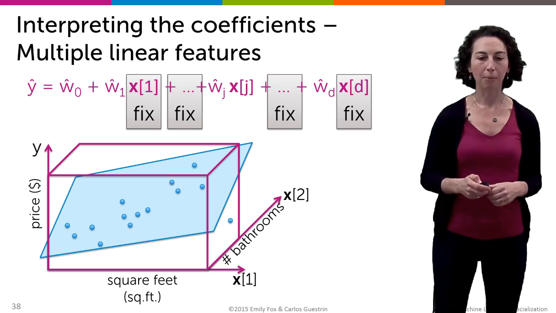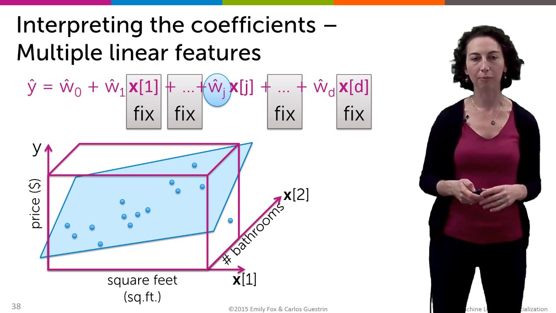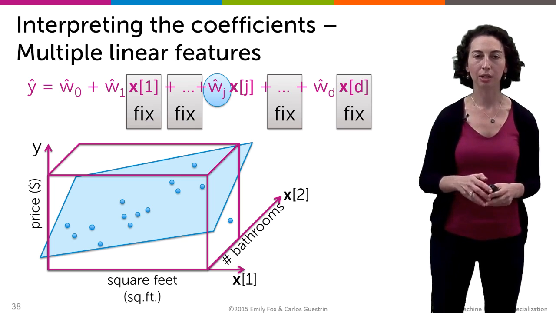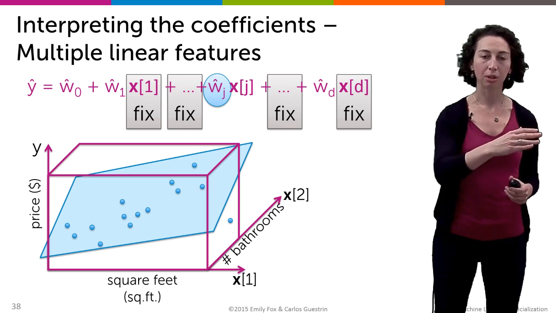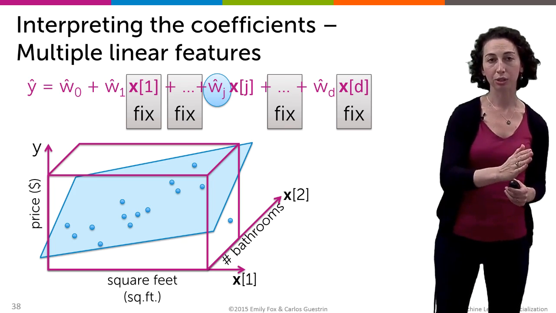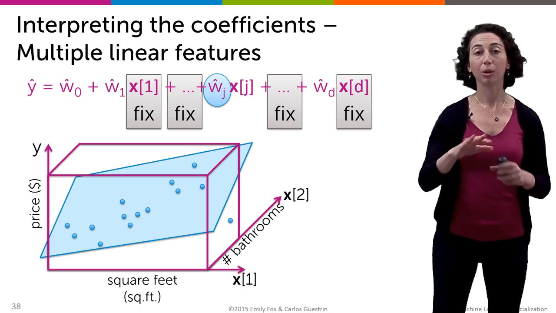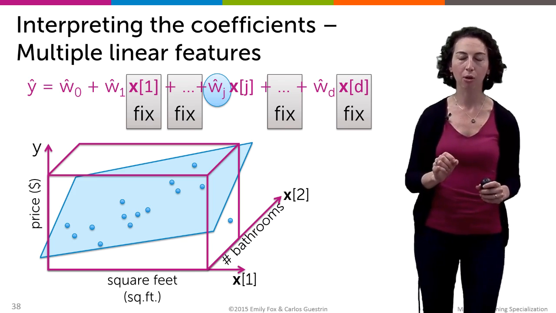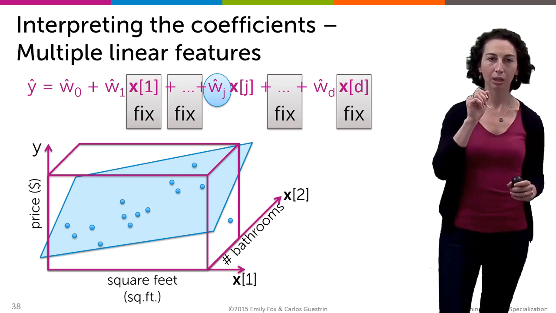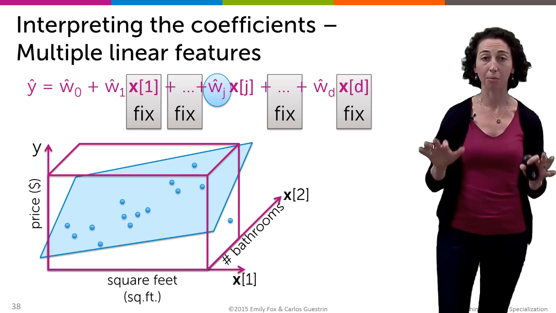When we're looking at the coefficient associated with number of bedrooms, the interpretation is the predicted change in the value of my house if I add 1 bedroom to the house, with everything else fixed. So when you think about the interpretation of a coefficient, you have to be very careful that the interpretation is in the context of what you have in the model.